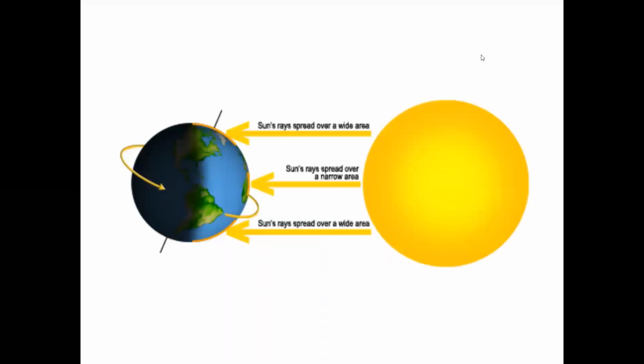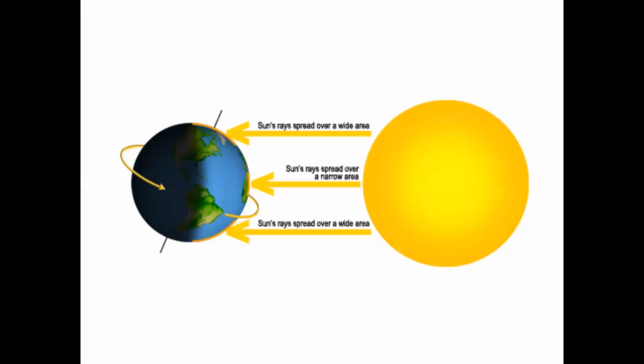So here's a quick picture to show us what we mean by this tilt. We have that Earth tilted at what degree? 23.5. So with that tilt, the sun's rays spread over a narrow area, so the sun hits the Earth sooner here.